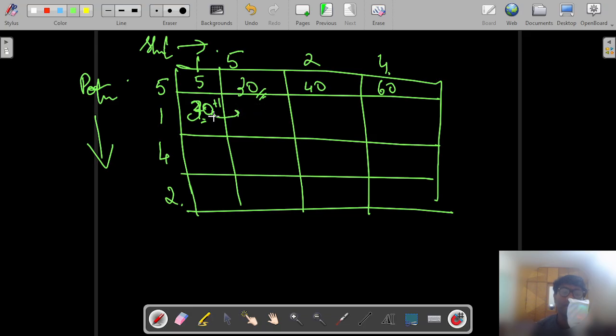Now the second guy would be available at the 31st second. 31 plus 5, so 36. So at 36 seconds the potion 2 will be brewed by the second skilled worker, but skilled worker 3 would only be available after 40 seconds. So this again needs to be held up till the 40th second.